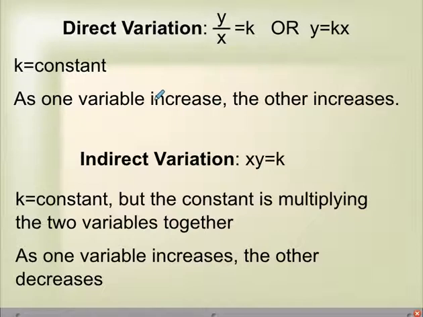Whereas with indirect variation, or I often call it just inverse variation, k is still the constant, but instead of finding the constant using a quotient, we use the product. And we can say that the equation for our inverse variation is y is equal to k divided by x.